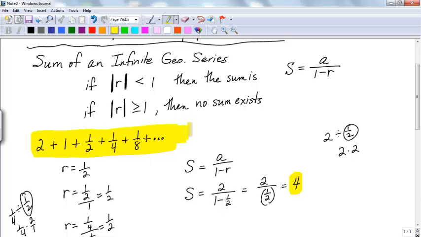We don't know what the last terms are on this infinite geometric series, but I just told you what the sum was. We were able to find the sum of an infinite geometric series, and that always bothers me when I teach that, because we don't know what the last terms are, but we've just found the sum.